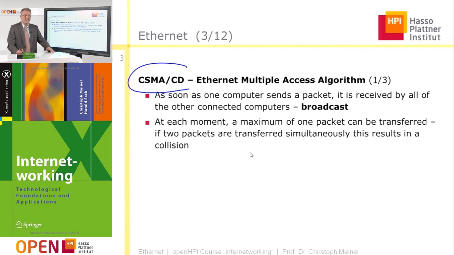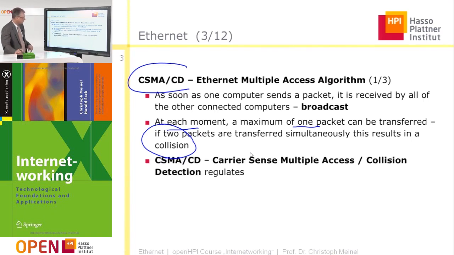So in each moment, a maximum of one packet can be transferred over this cable. And if two packets are transferred simultaneously, then we have the disturbing effect of a collision. Then the signals can no longer be decoded.